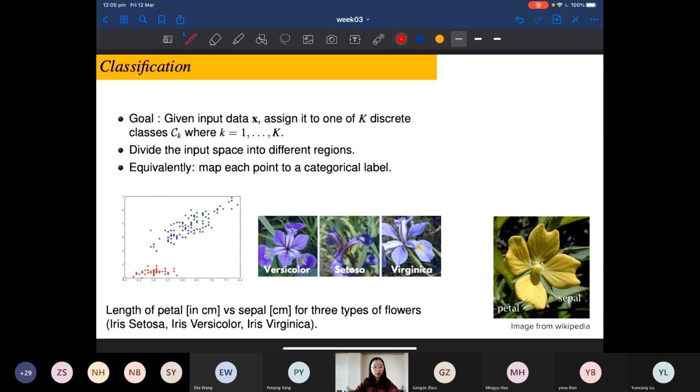Some biologists actually went and measured a number of attributes for a number of flowers. Each dot here is a flower being measured, and then we can put them on a 2D plane. This is called the iris data set.